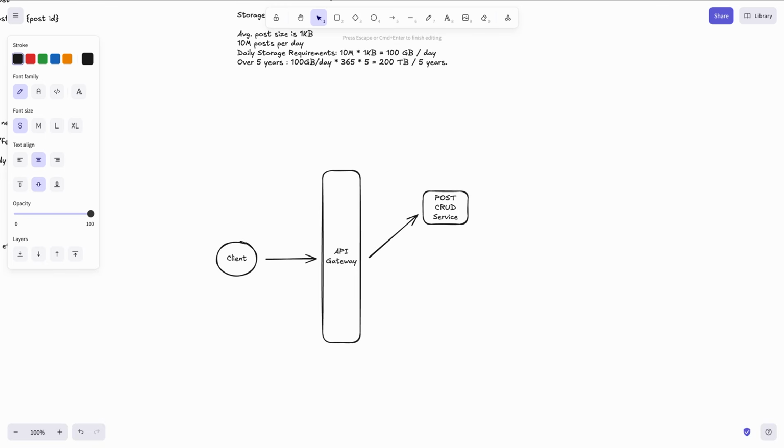CRUD stands for create, read, update and delete. The service's job is simple: it handles all the create, read, update and delete actions for a post. Upon receiving the post request, the service would write it to a database, which is the post DB.